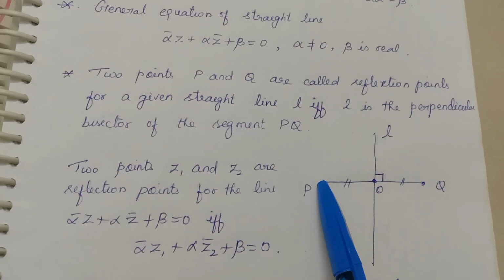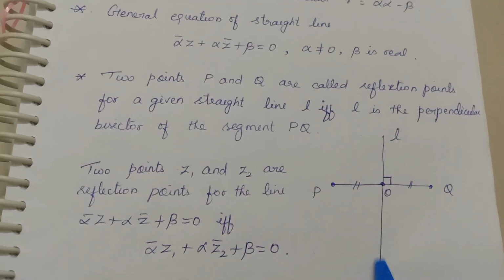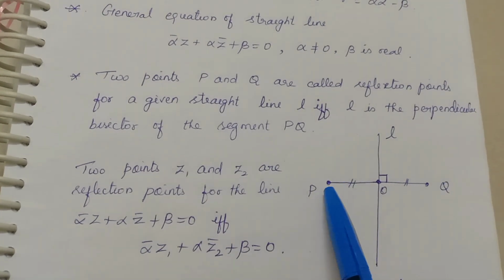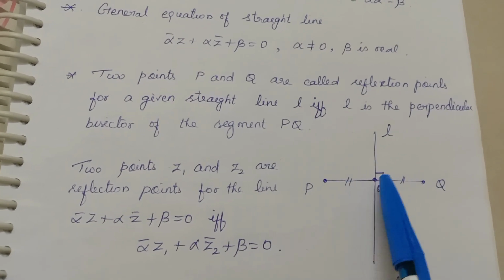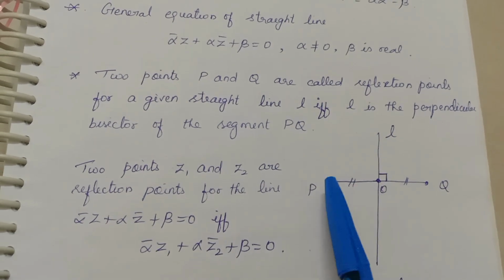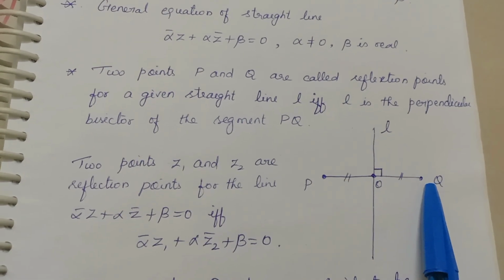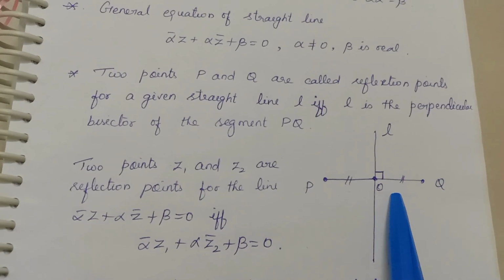That is, you have 2 points P and Q. You are dividing this by the line L. If this line L divides this PQ into two equal segments, that is PO equal to OQ, and this is perpendicular. So perpendicular bisector means these 2 points are called reflection points of the line. This is the definition.